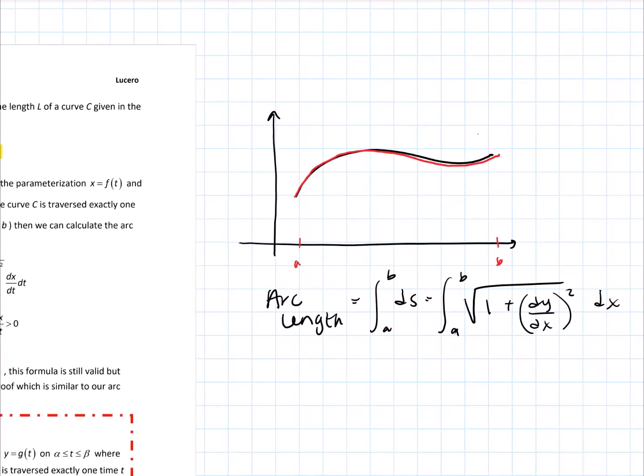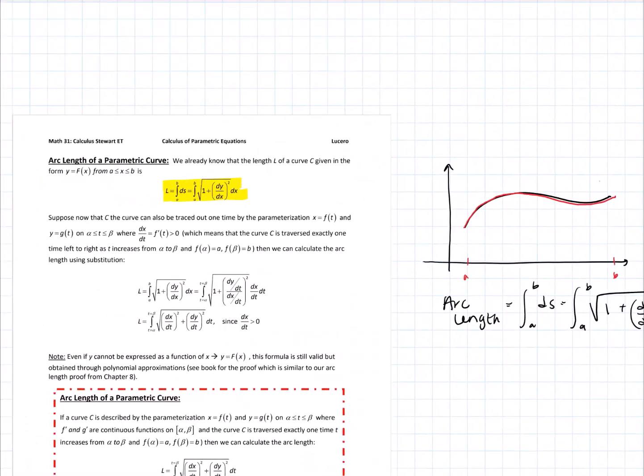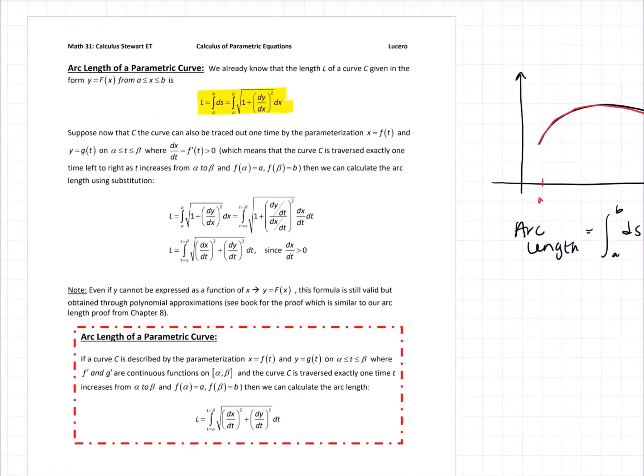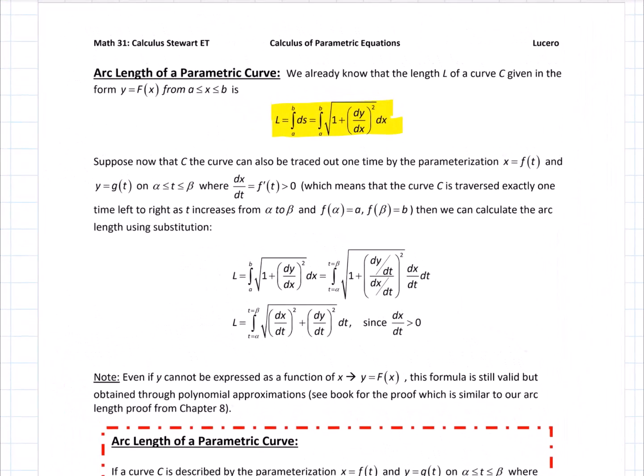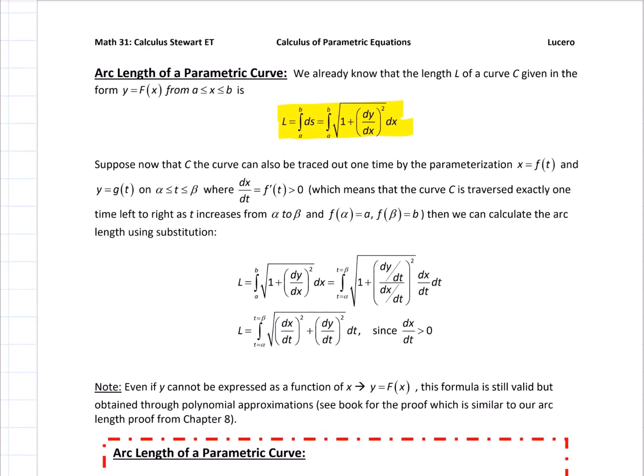But here we're talking about arc length in general, the integral from a to b of this square root of 1 plus (dy/dx) squared. But we showed earlier in this section that if you have a parameterization, the derivative dy/dx is the same as dy/dt over dx/dt. So we can make those substitutions here.